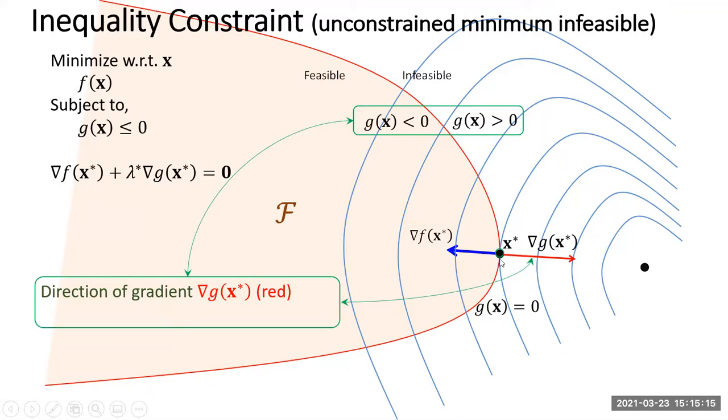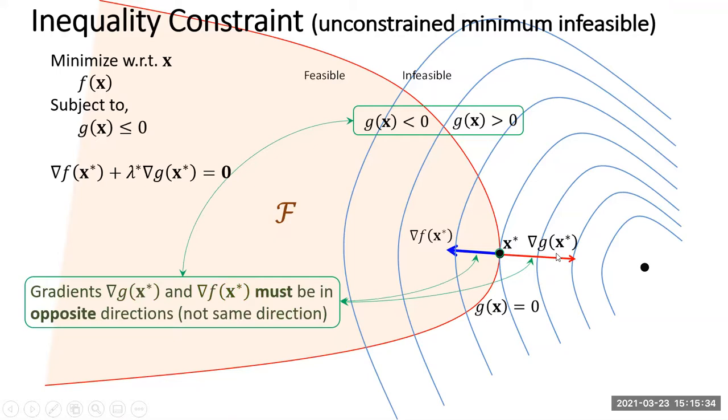So the gradient of g, del g, must be facing in this red direction, and that is always opposite to the gradient of f. Are you with me? They can never be in the same direction. They must be in opposite directions.